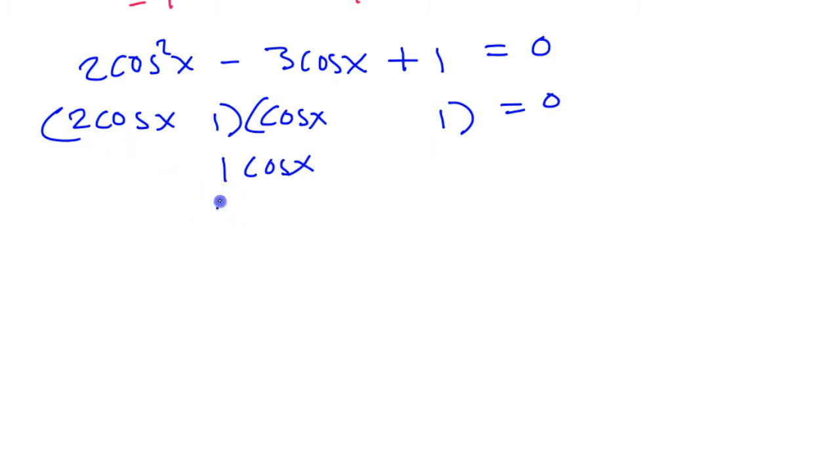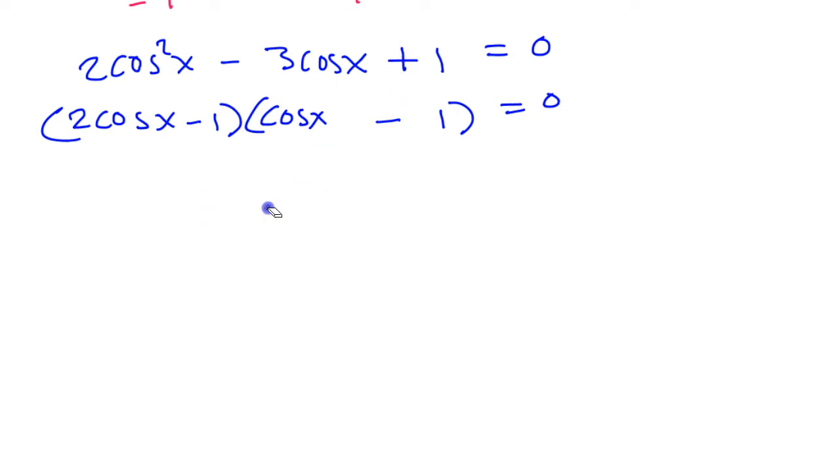Outer, I have 2 cosine x. I'm trying to get a middle of negative 3 cosine x. I will get negative 3 if both of these are negative. Also, checking one more thing, negative 1 times negative 1 is positive 1, so it works.